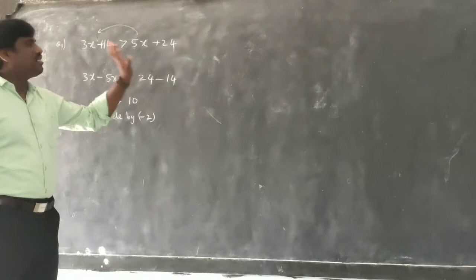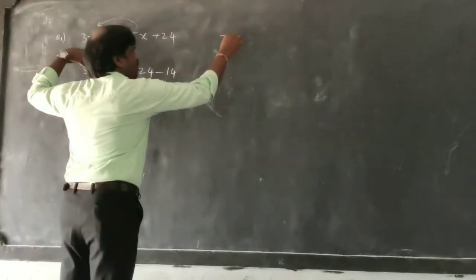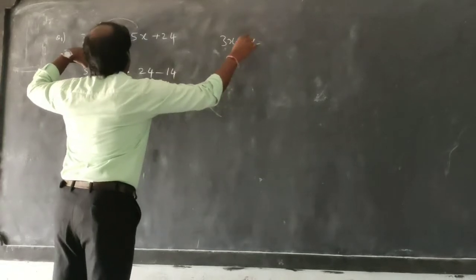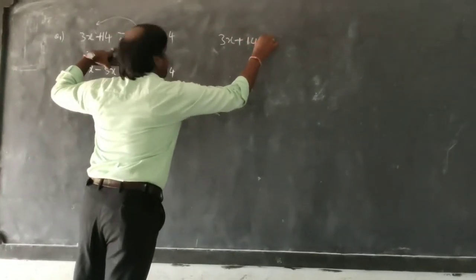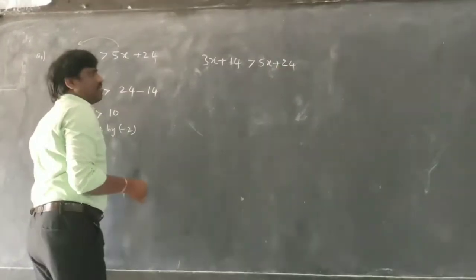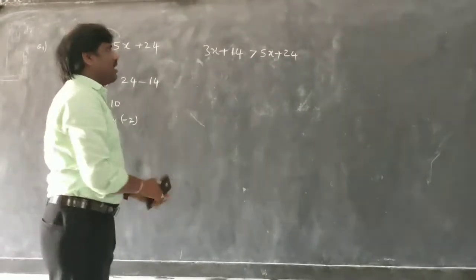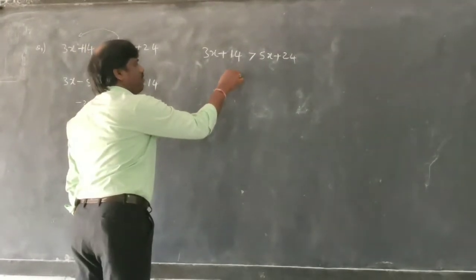Sending this side means subtraction. Let me tell you this in mathematical terms. According to mathematical terms, I want to get 5x removed from this side. So what do I do here? Add minus 5x on both sides.